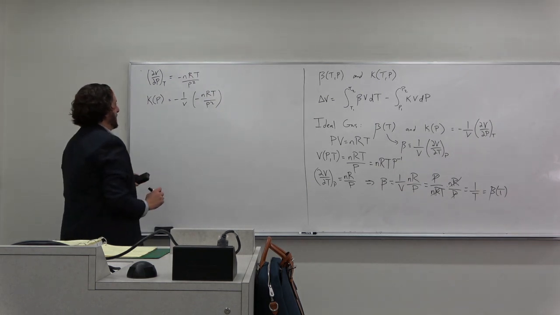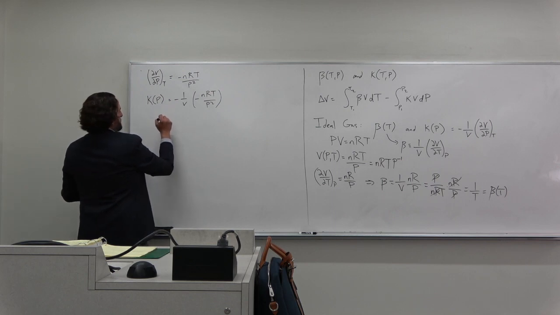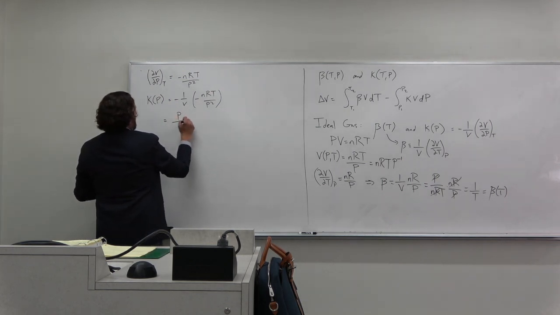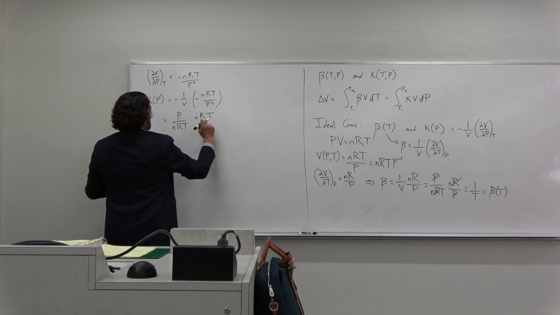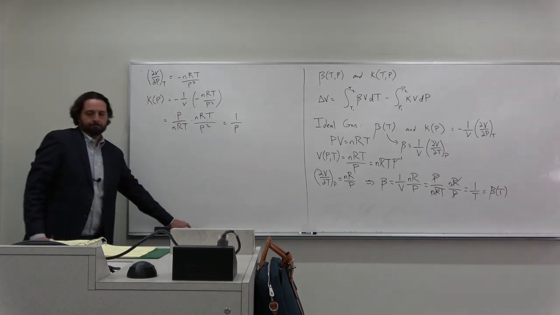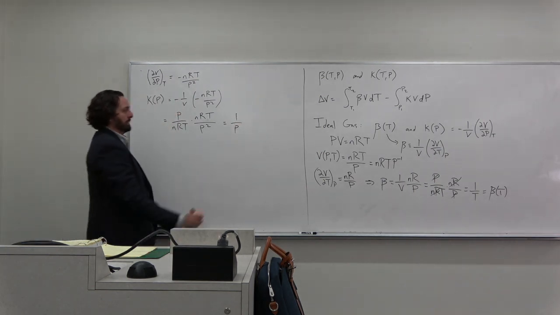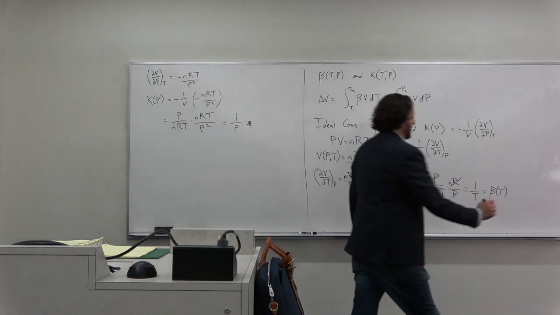Let's write 1 over V as P over nRT, times nRT over P squared. So that's 1 over P.